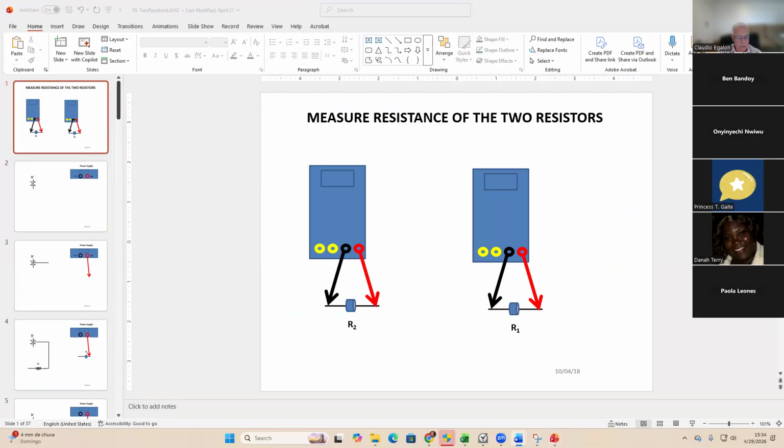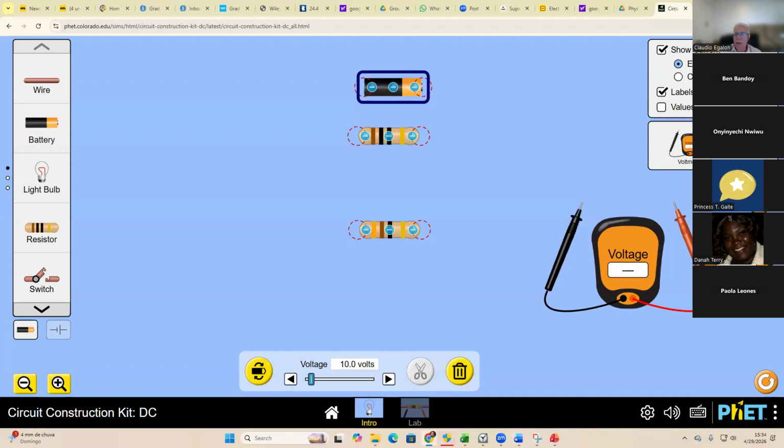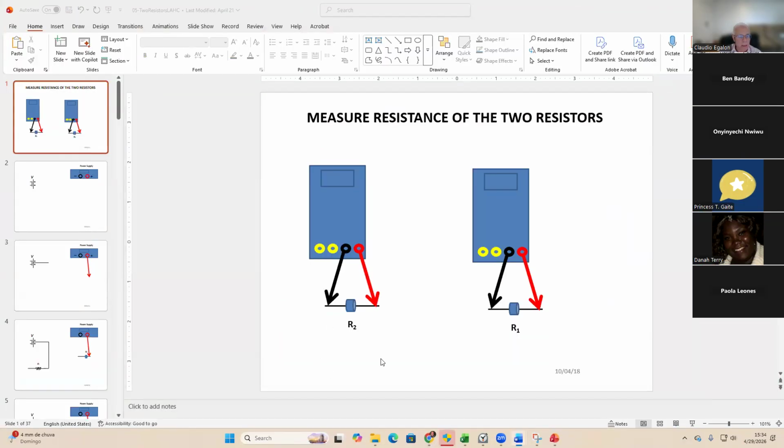In the PhET simulation, you cannot measure the resistance of the resistors. They don't have an ohmmeter here, only a voltmeter and an ammeter. But that's how you measure R1 and R2: you adjust the DMM to measure resistance, and we start by putting the circuit together.